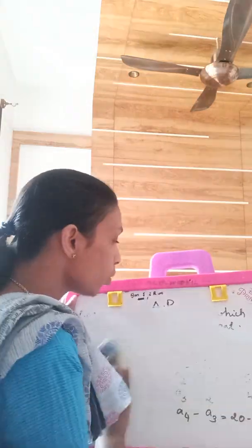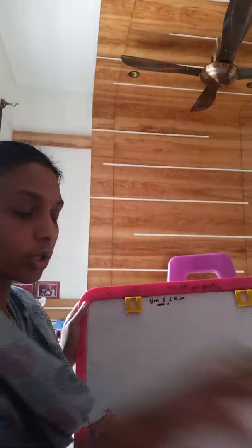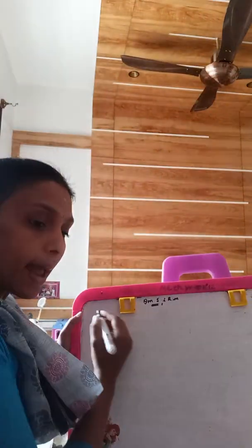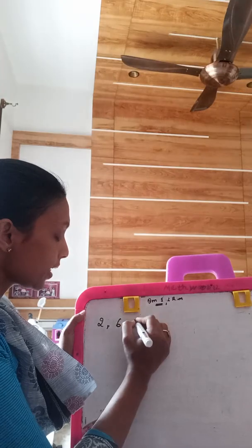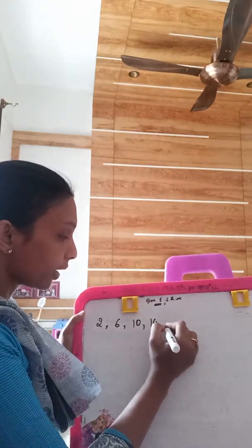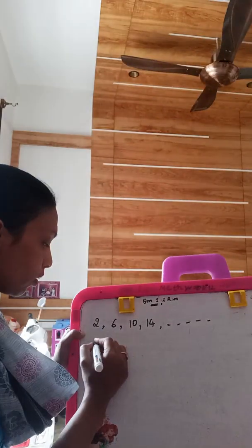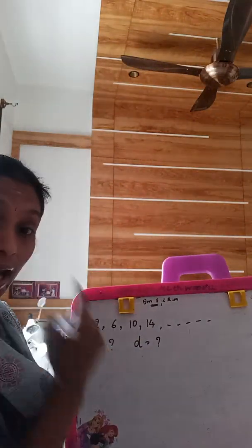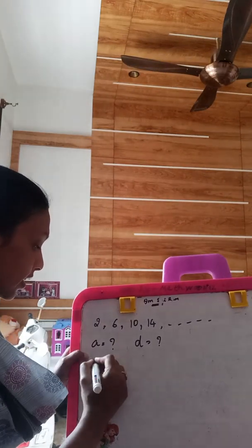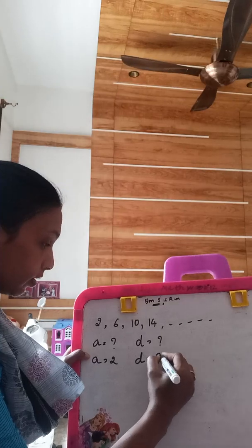Now let us move on to some examples of solving arithmetic progression. In this first example, let us consider 2, 6, 10, 14. This is an infinite sequence. Now here we have to find out what is A and what is D. What is A? A is nothing but the first term. A is equal to 2. What is D?